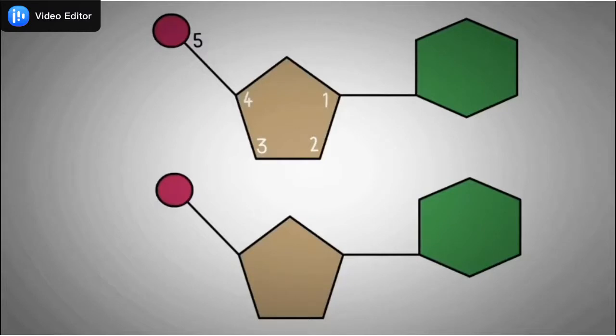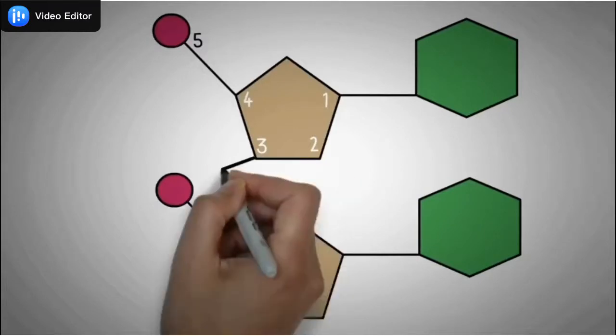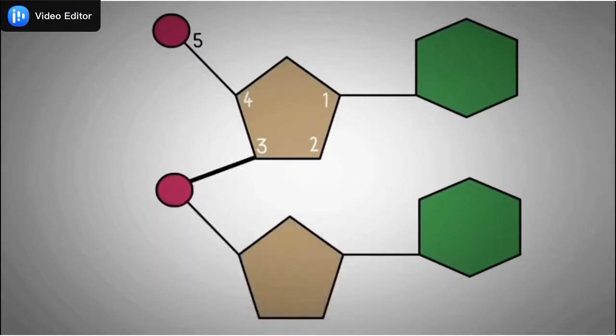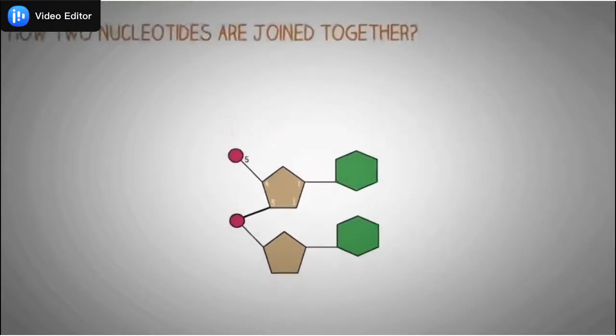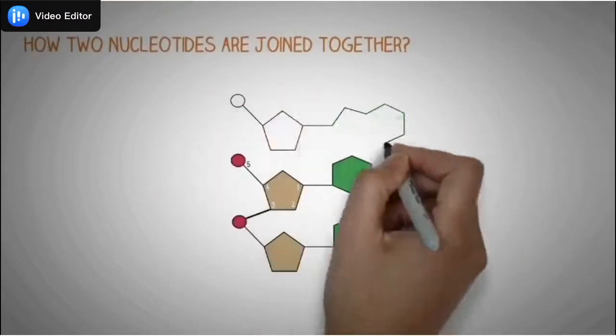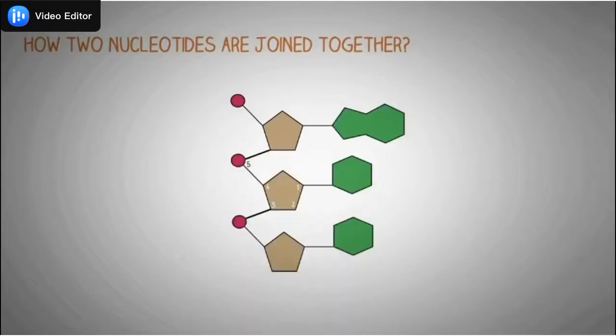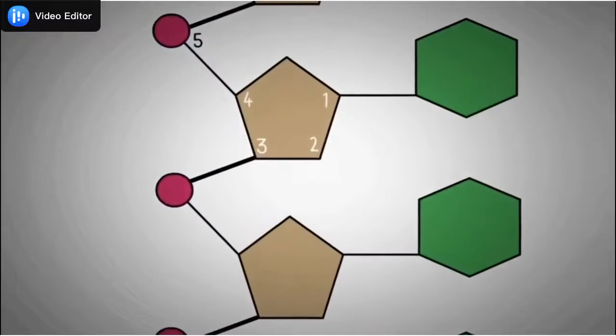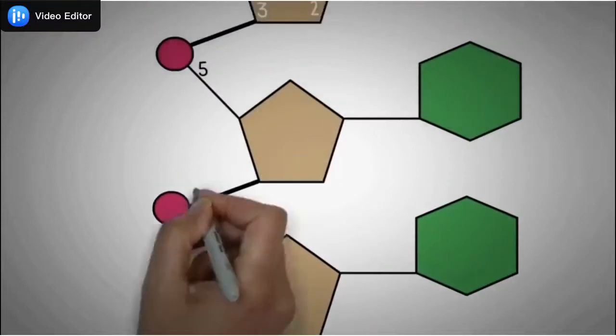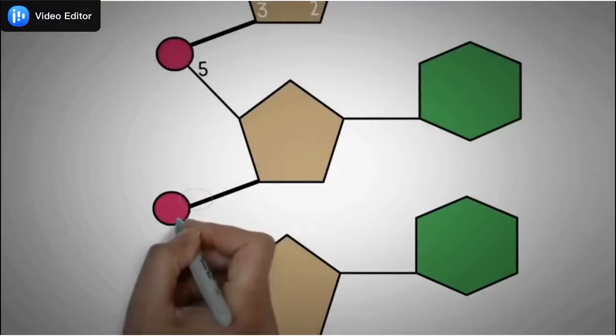You already have learned there are 5 carbons present in the sugar molecule. Those are numbered 1, 2, 3, 4 and 5, and here you see the number 5 carbon is attached with the phosphate, and that phosphate is connected with the third number carbon of the upper nucleotide.